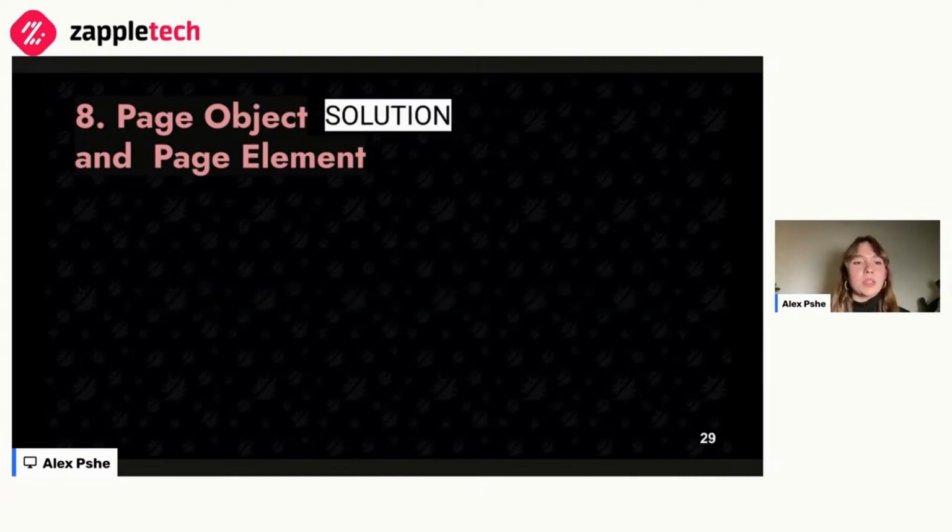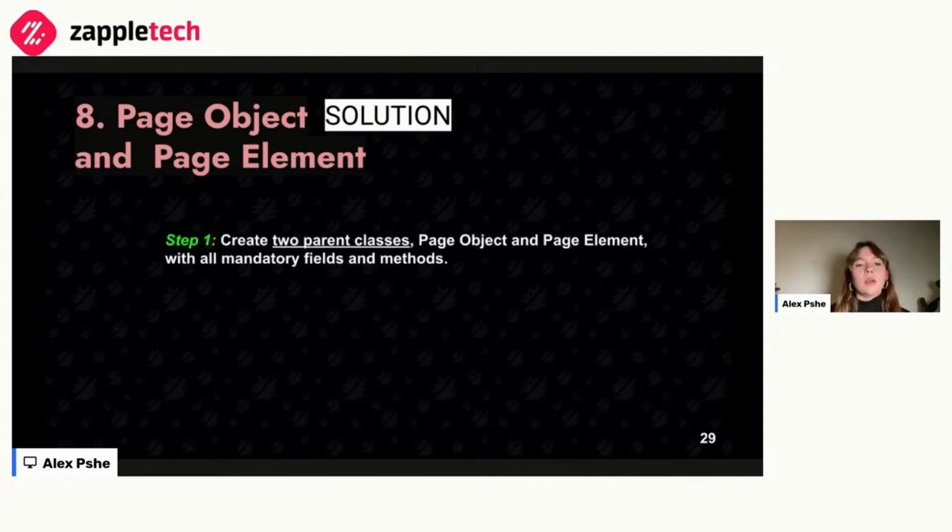So what solution can we apply here? First of all, create two parent classes: main page object class and main page element class, with all mandatory fields and methods which will be applied for all children. For example, in page element, it will be this web element. In page object, normally we require implementing an open method to open the page. Also, maybe some waitings which are applicable for all pages, some common methods.